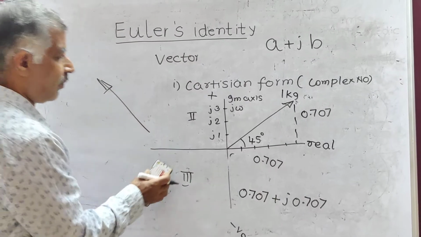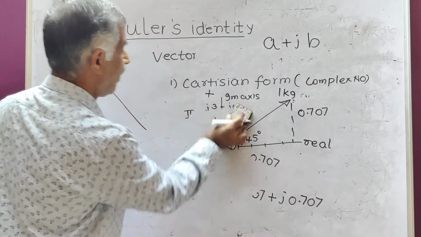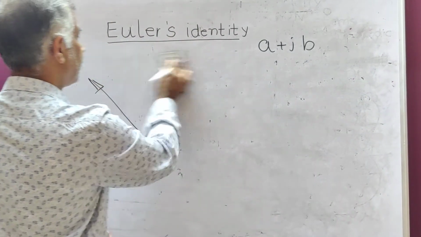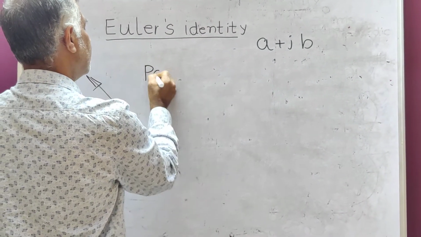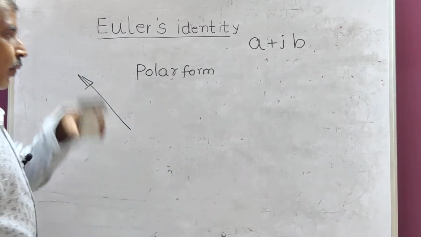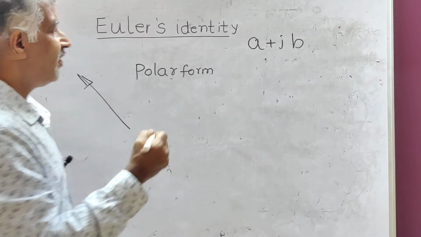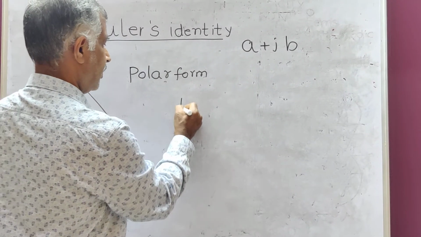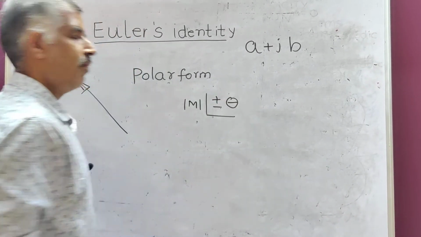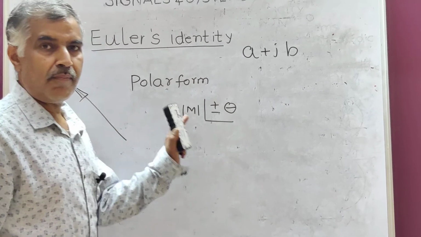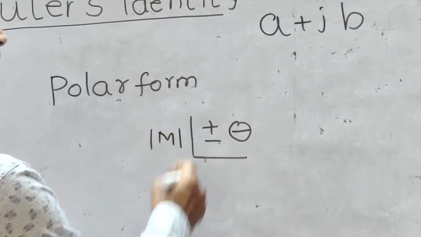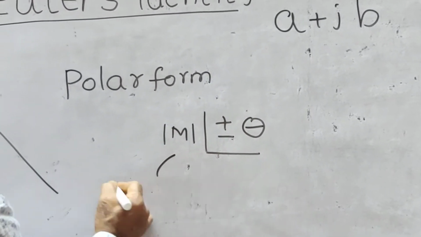Now next I will take up what is known as polar form. This is a very, very important form. In polar form, the vector is represented in this fashion: mod M, at angle theta. Mod means it is always positive, and this is what is called magnitude.